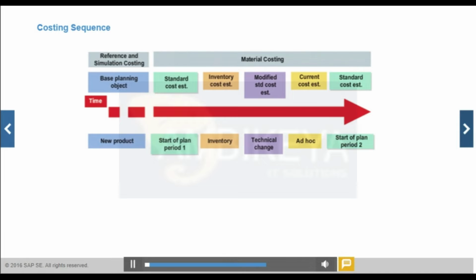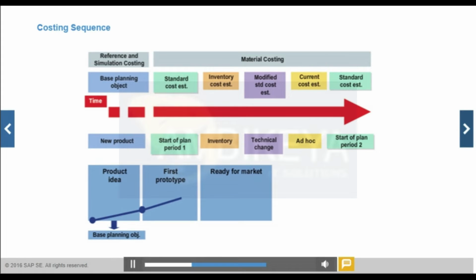The different stages of the costing sequence are as follows. Product idea stage. If you plan a new product for which there is no master data in the SAP ERP application, you can perform initial planning and cost projections using reference and simulation costing. In this component, you create a base planning object and manually enter the costing items in spreadsheet form in a unit cost estimate.